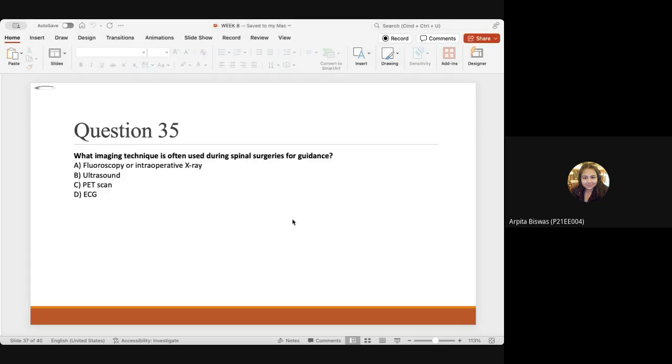What imaging technique is often used during spinal surgeries for guidance? First option is fluoroscopy or intraoperative X-ray. Option B is ultrasound. Option C is PET scan. Option D is ECG.